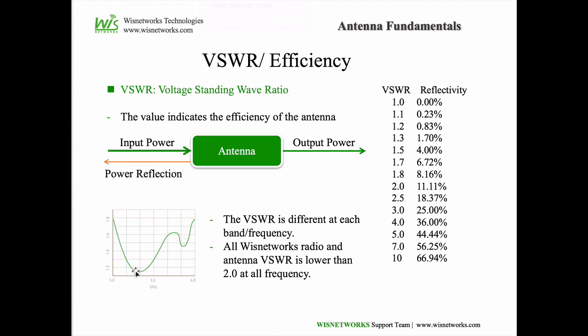Some frequencies would have a better VSWR like 1.2 or 1.3, but for some other bands of the radio, it will have 1.8 or more than 1.8 of VSWR. All Wisnetworks radio and antenna VSWR is lower than 2.4, so it is qualified for use in all outdoor applications.